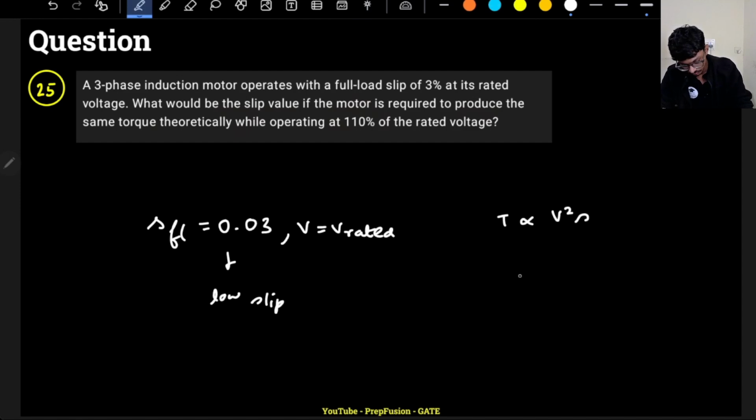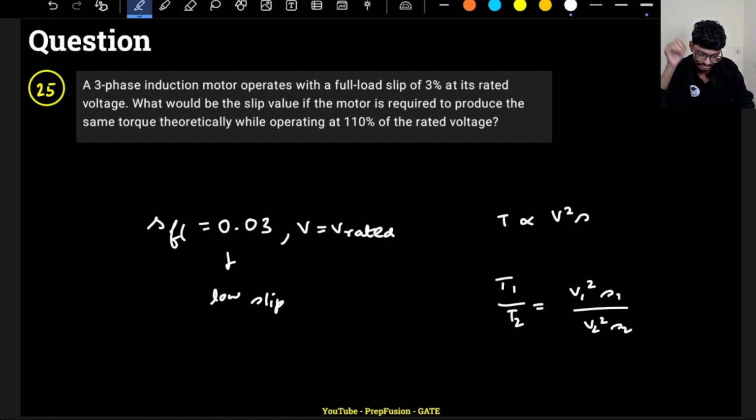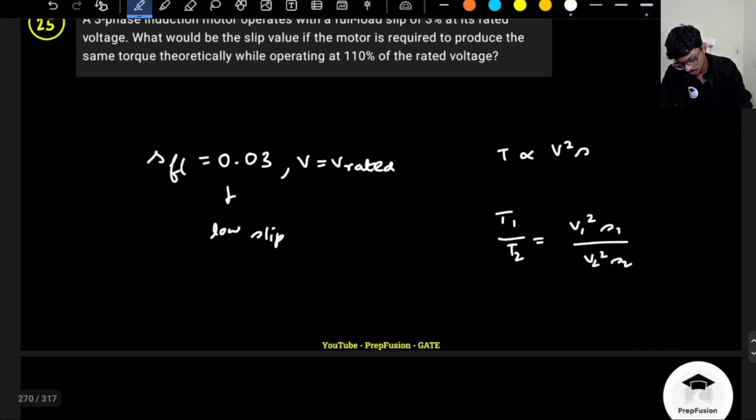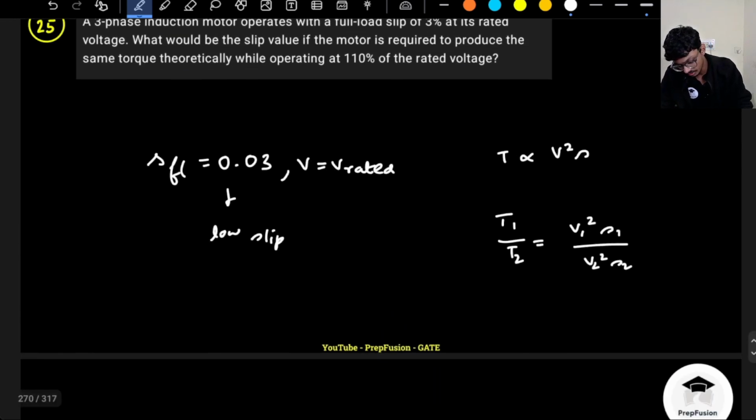So I can say T1 upon T2 equals V1 whole square into S1 divided by V2 whole square into S2, because torque is almost proportional to V square S. We have derived this in the previous lecture also, so I'm not deriving it again. They are telling me that the torque will be the same.